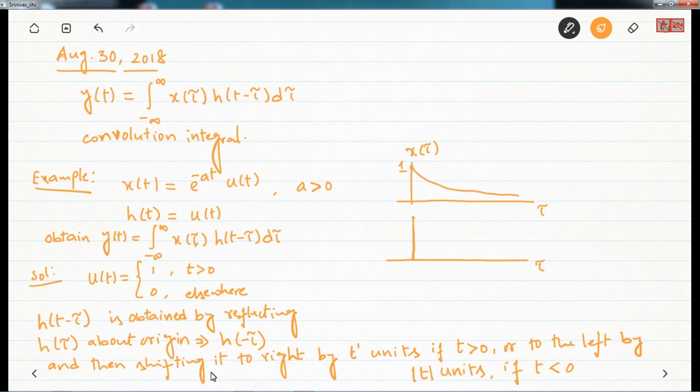Yeah, so you first note down this, then we'll quickly discuss what this means.